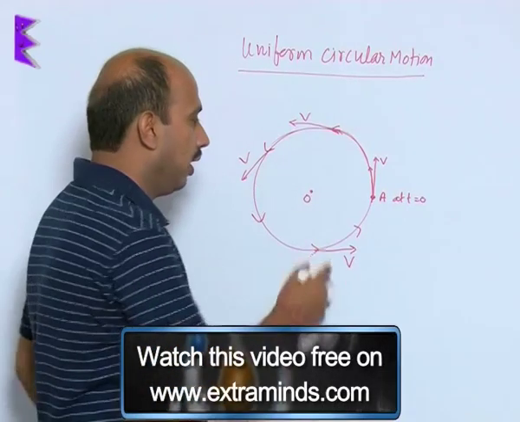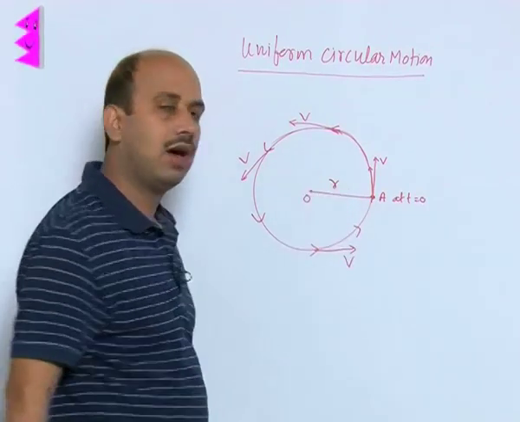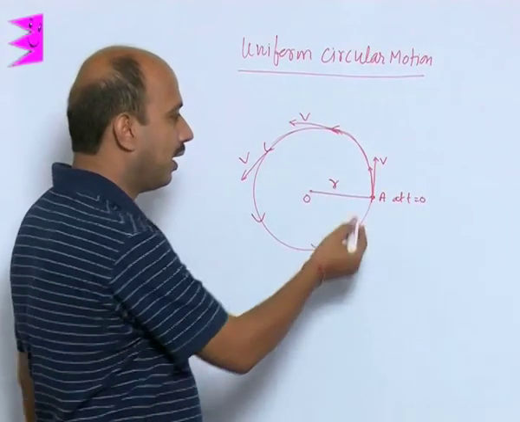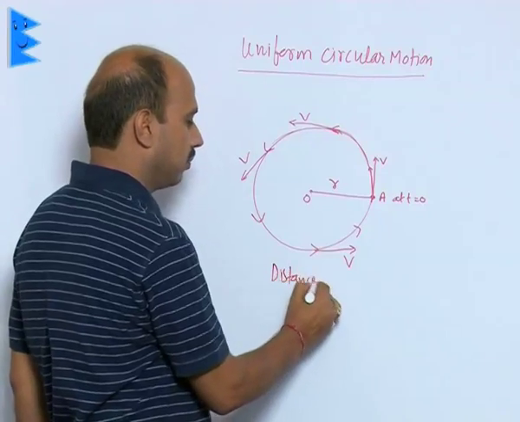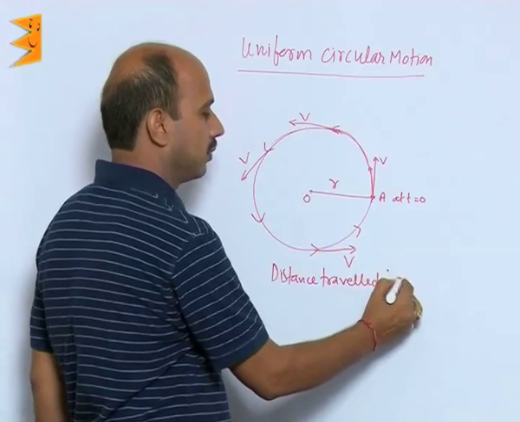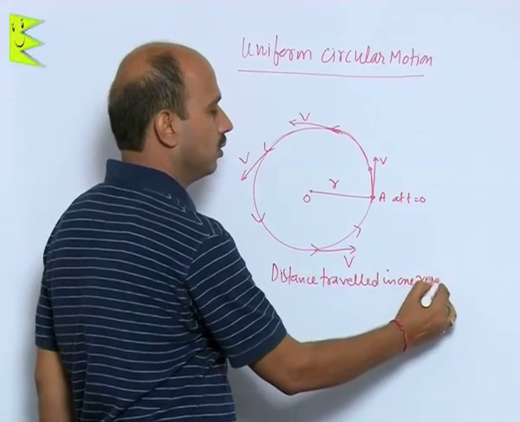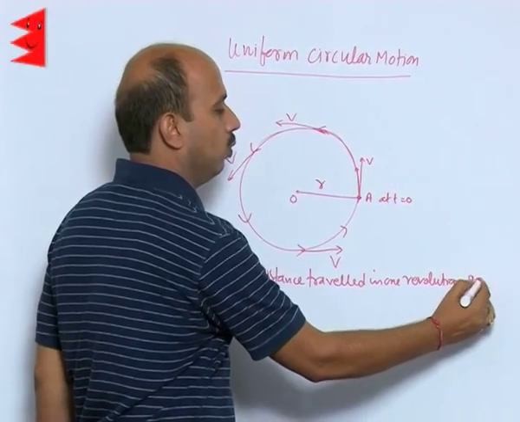If this circular path has radius r, then we can write the distance traveled in one revolution is equal to 2 pi r.